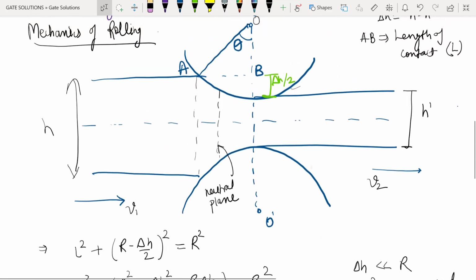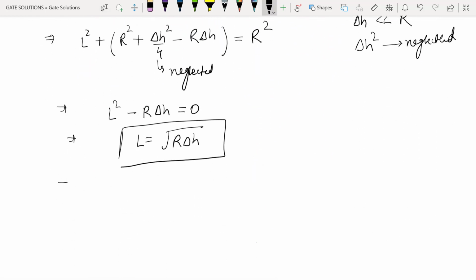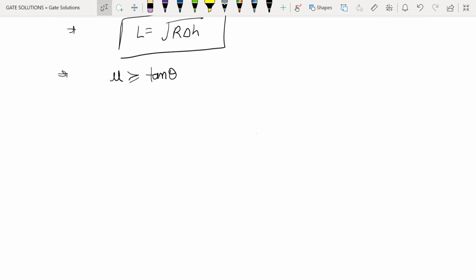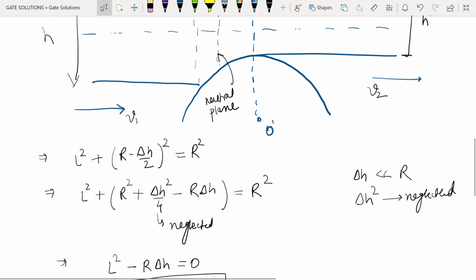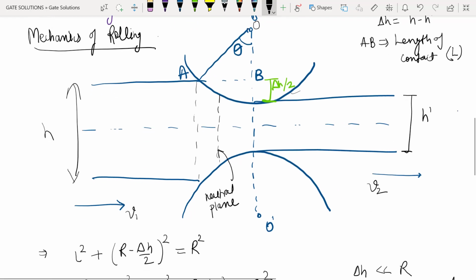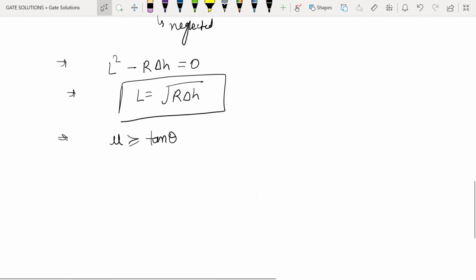Now for self entry, we must have the coefficient of friction greater than or equal to tan theta. Now what is tan theta here? Let's see this triangle again. So I am drawing this triangle again, this first roll.